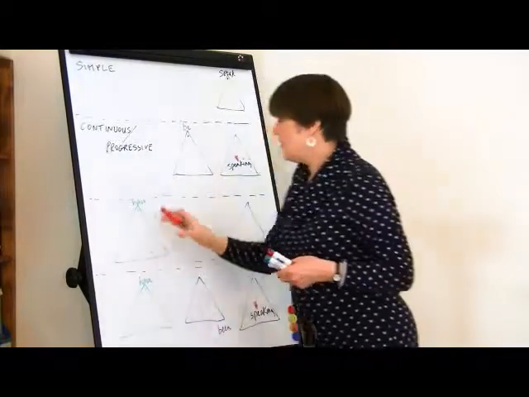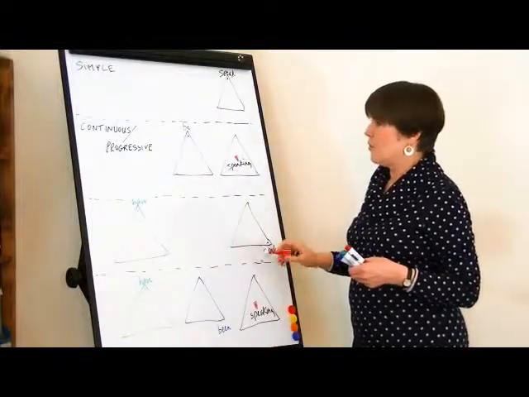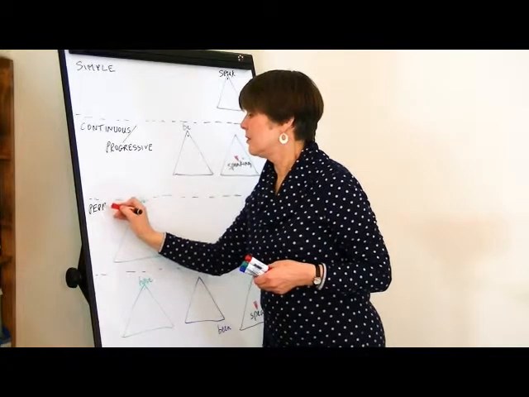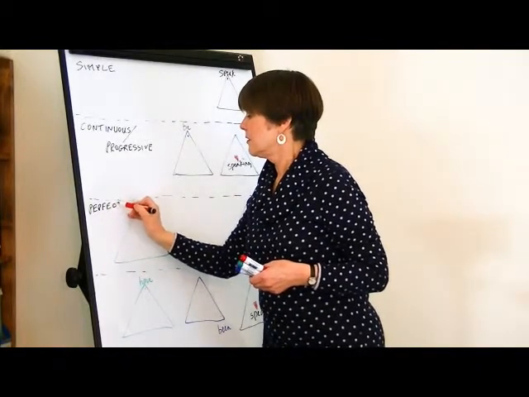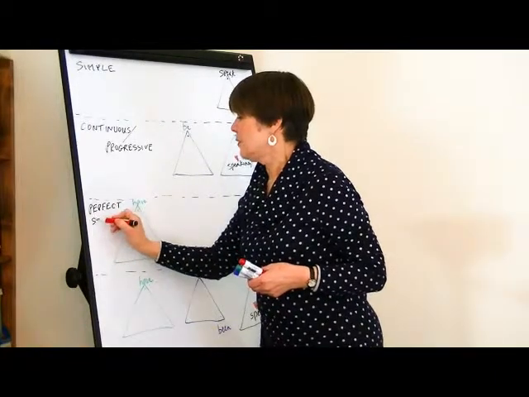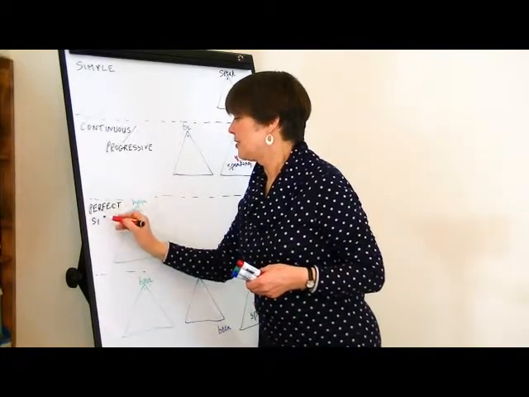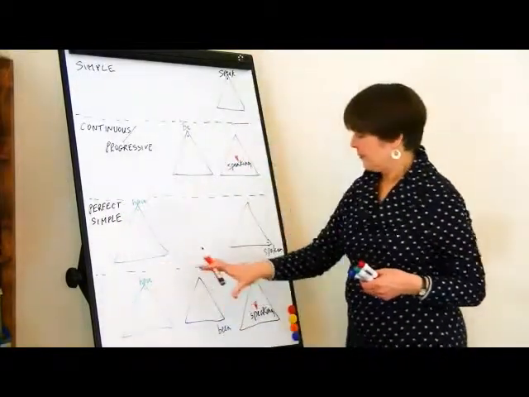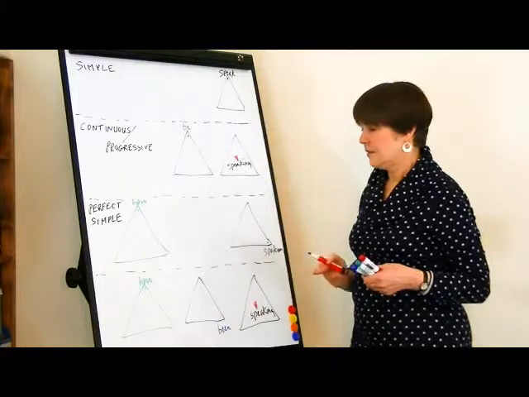Then have plus this corner is the perfect. In this case I call it the perfect simple. So what would I call this?